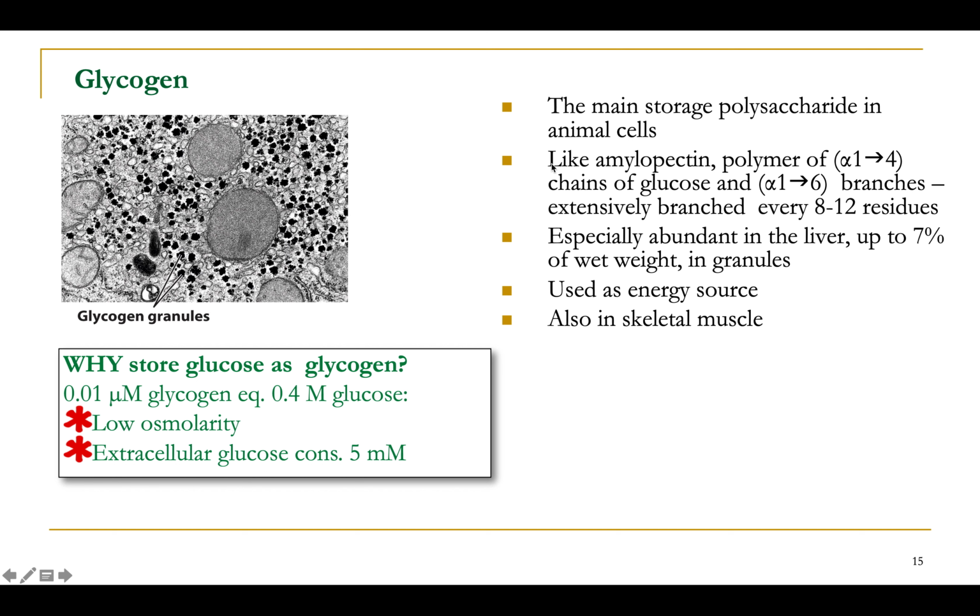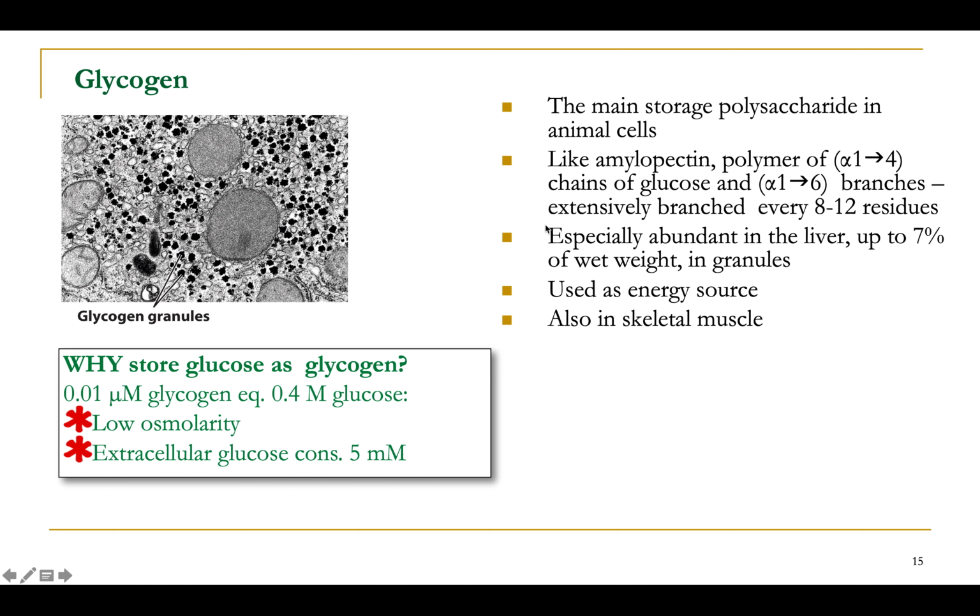Similar to starch and amylopectin, the glycogen granules consist mainly of a branched polymer of amylopectin, amylose-like stretches which are linked to one another by reducing ends, also by 1 to 6 glycosidic bonds, but the stretches are shorter, approximately 10 residues.